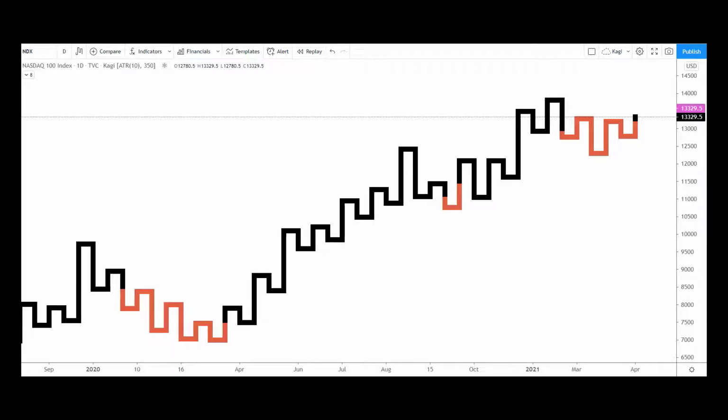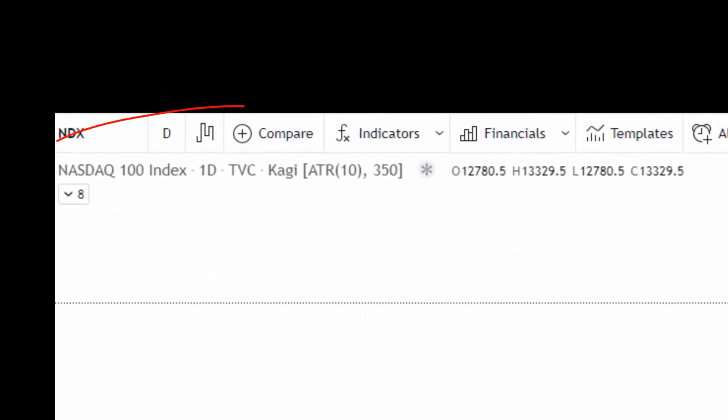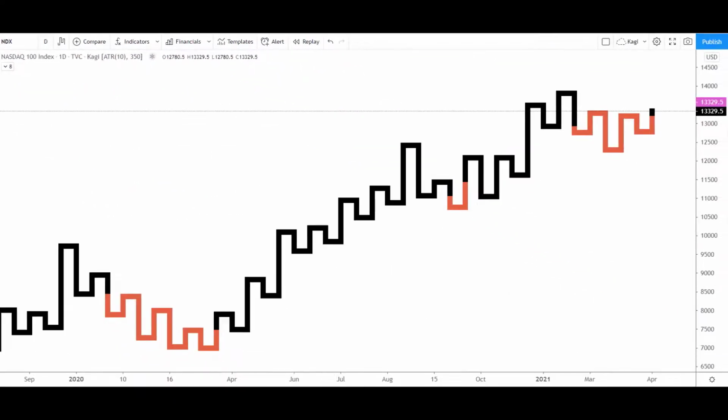So let's navigate around this example. We're looking at the Nasdaq 100 stock market index. It's set to a daily time frame in the window, and the input is set to an ATR of 10 periods, and that has come up with a number of 350 for us, and then that has produced this view of the Nasdaq 100.